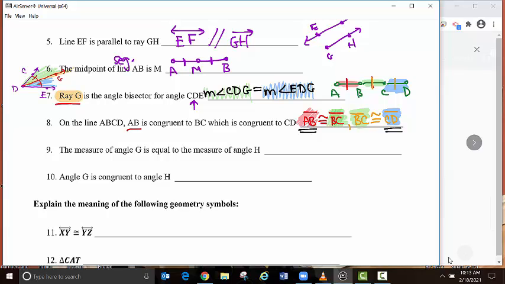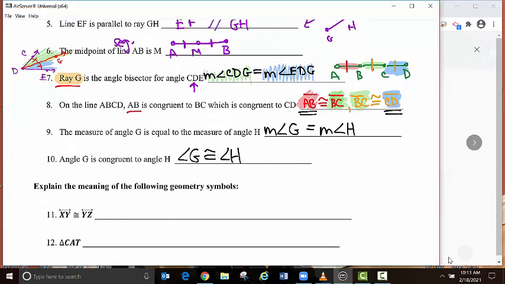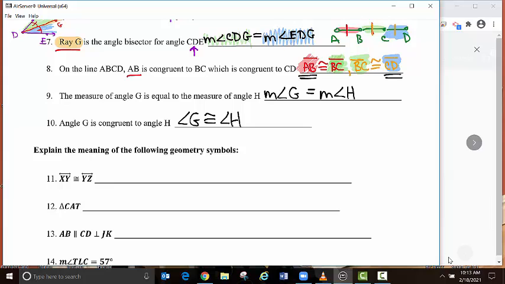Next, the measure of angle G is equal to the measure of angle H. And then this is angle G is congruent to angle H. Okay, now we're going to write these backwards.